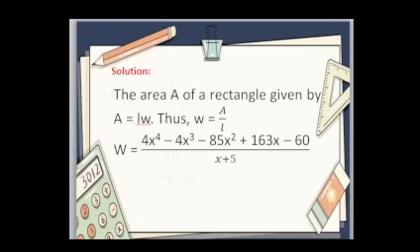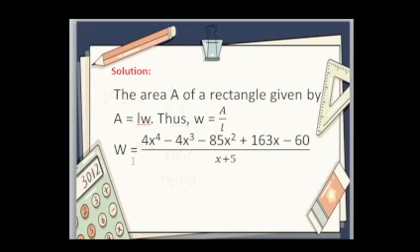Okay, since the area A of a rectangle is given by A equals LW, that's the constant formula in solving any problem with regards to rectangle. Thus, to derive the formula in getting the width, we have W equals A divided by L, or the width is equal to area divided by the length.